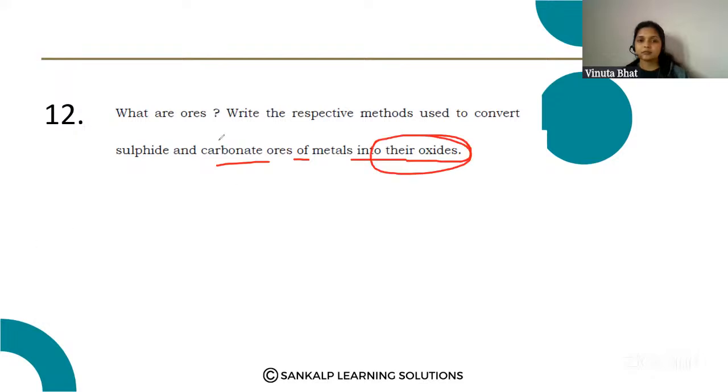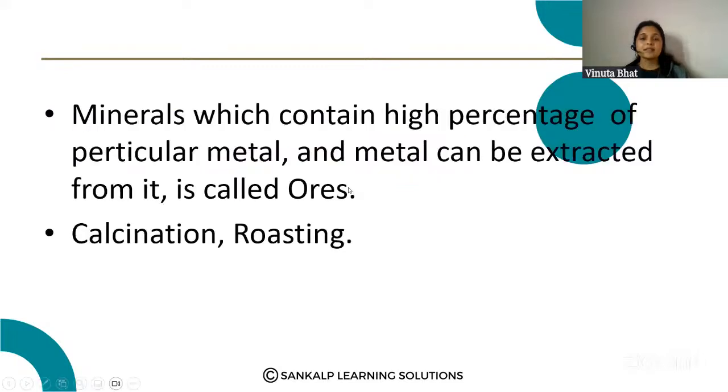Minerals which contain a high percentage of a particular metal, from which the metal can be extracted, are called ores.